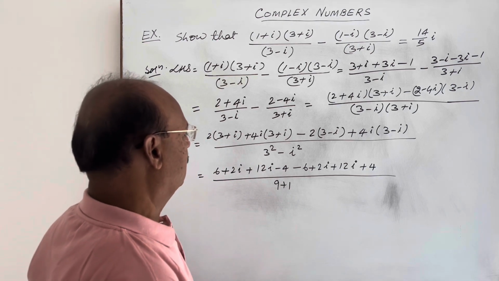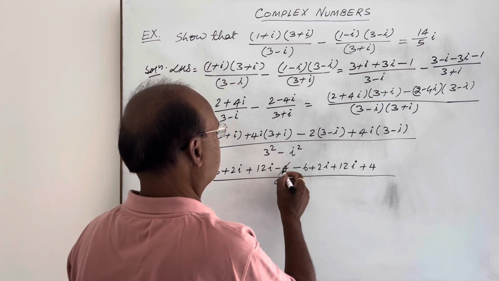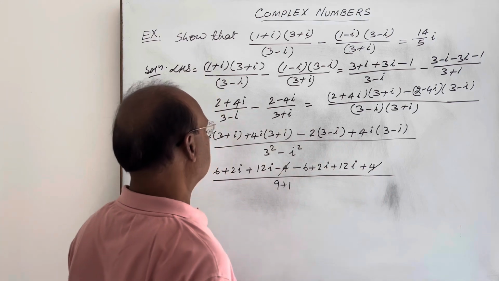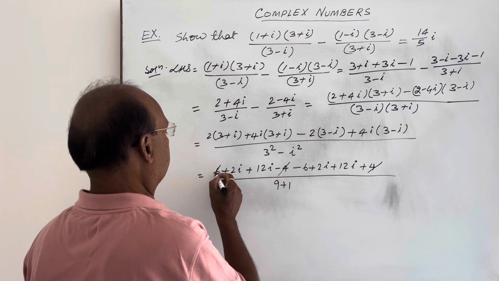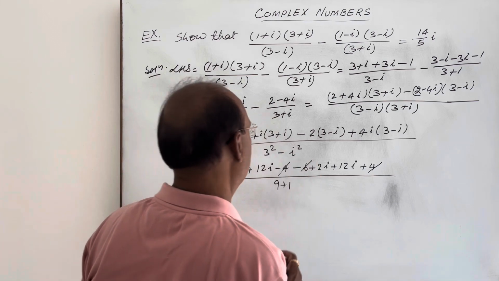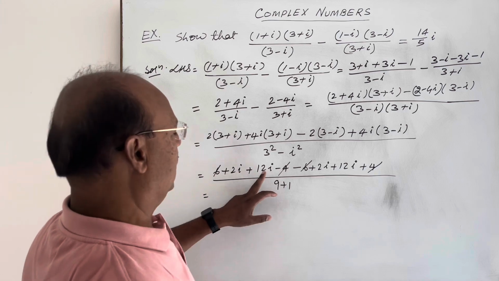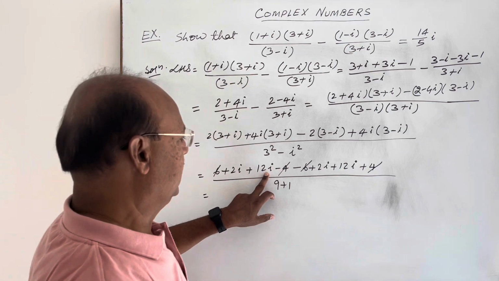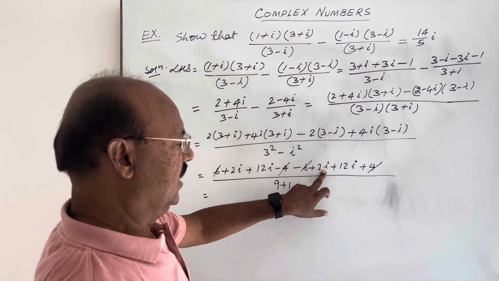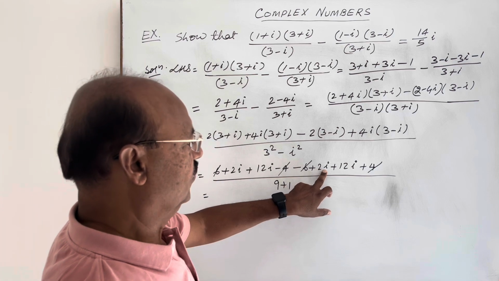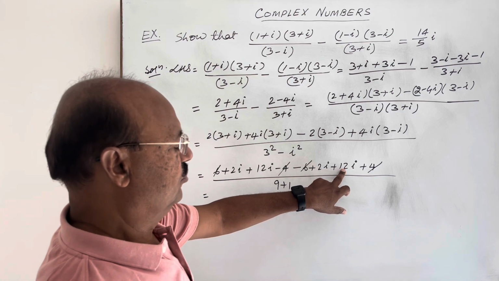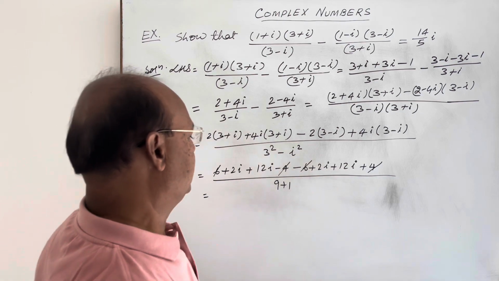So now let us see here, this minus 4 and plus 4 will be cancelled out. This plus 6 and minus 6 will be cancelled out. So we are getting 2i plus 12i, that is 14i, plus 2i, 16i, plus 12i, that is 28i.